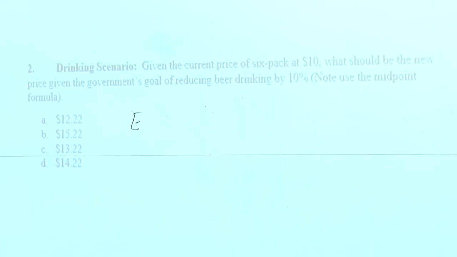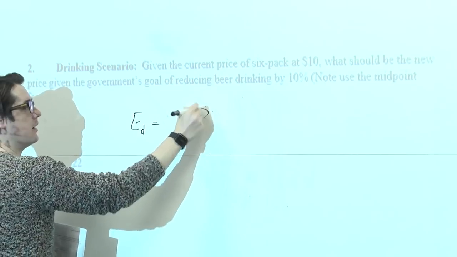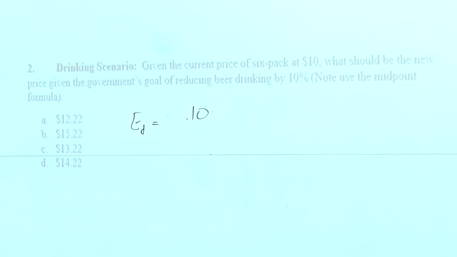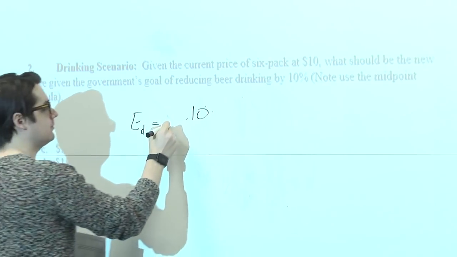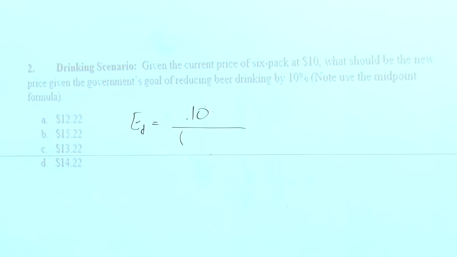Okay, so we're going to be using the midpoint method here. We know that the change in quantity is going to be 10%, so our numerator is going to be 0.10. In our denominator, we're going to be using our midpoint method. So remember, you're going to take the change in price.